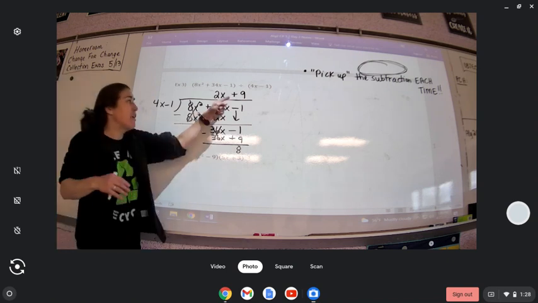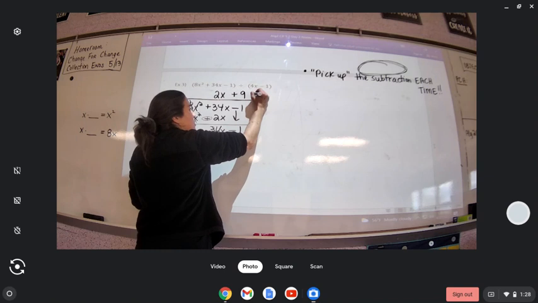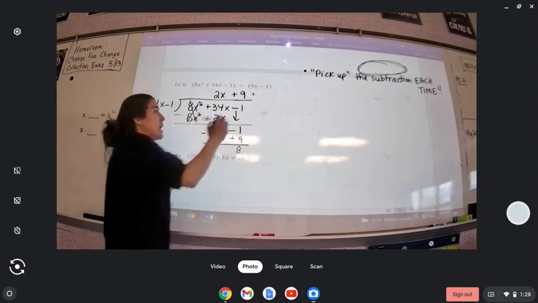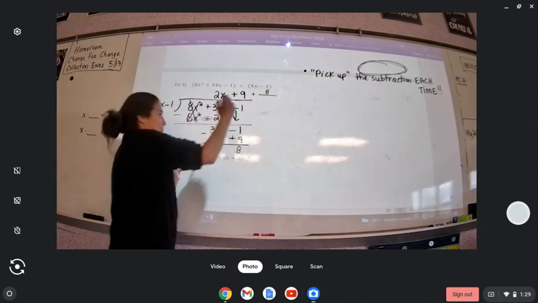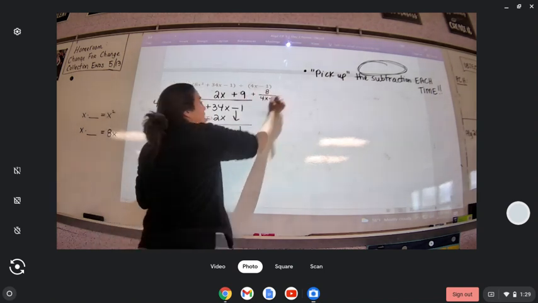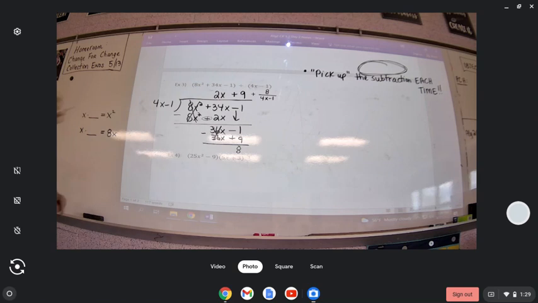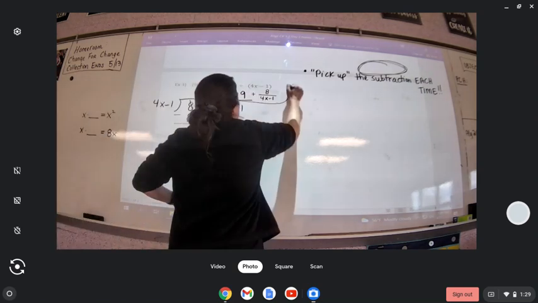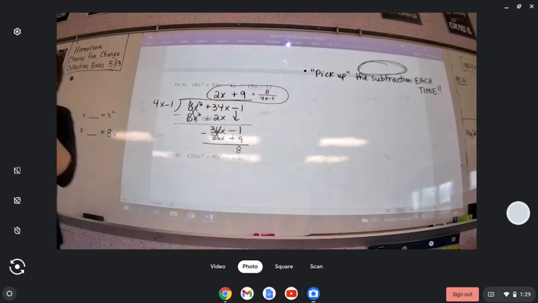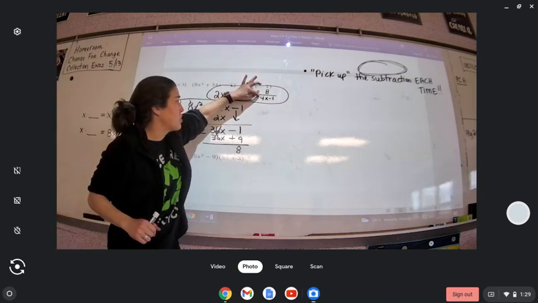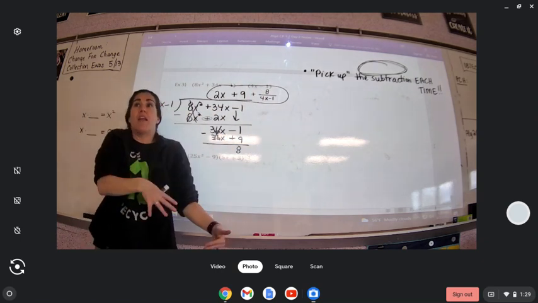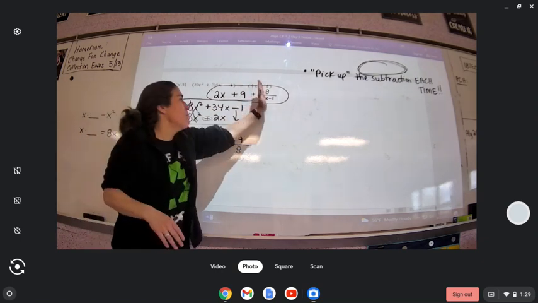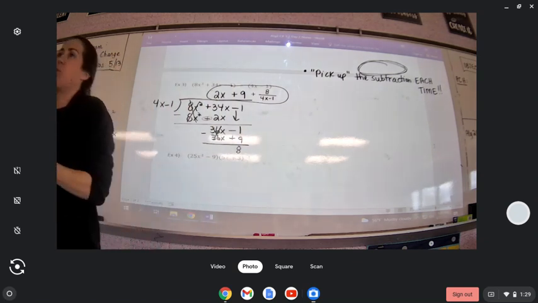So you're going to go to your polynomial, and you're going to say plus a remainder of 8 over, who did you divide by? 4x minus 1. So as weird as that looks, this is what you would type in to Delta Math as your answer. But please make sure only the 8 is over 4x minus 1. The 2x plus 9 is not. They're not over anything other than a 1. But only the remainder goes over 4x minus 1.